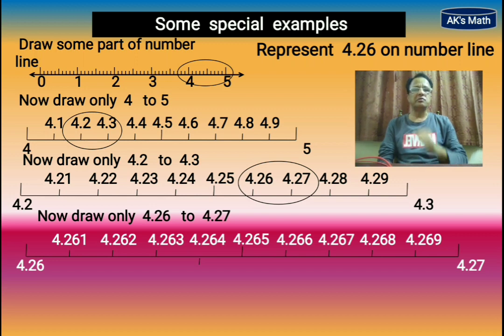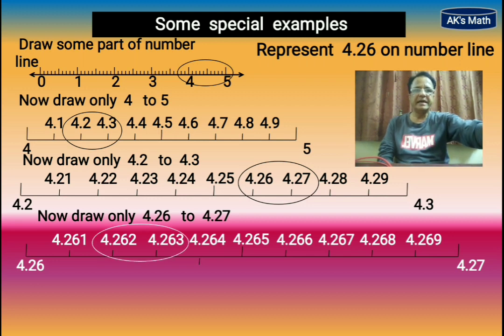Now again think about where 4.2626 will lie. It will lie between 4.262 and 4.263.